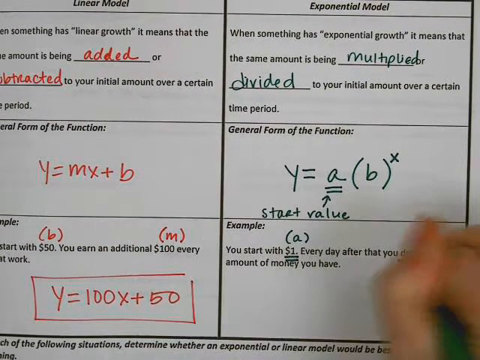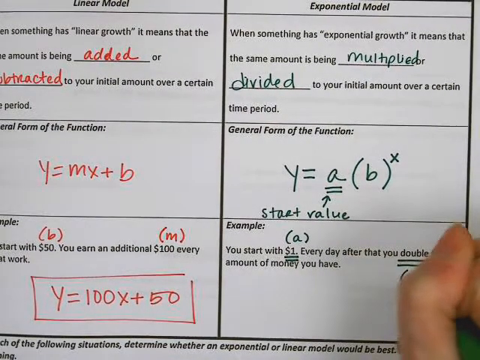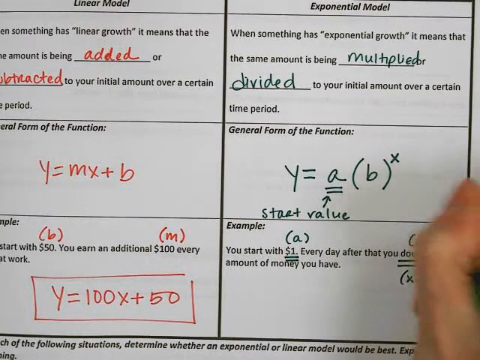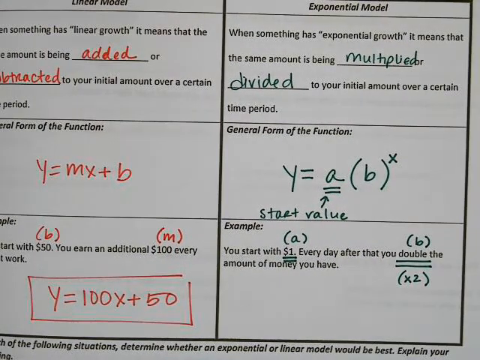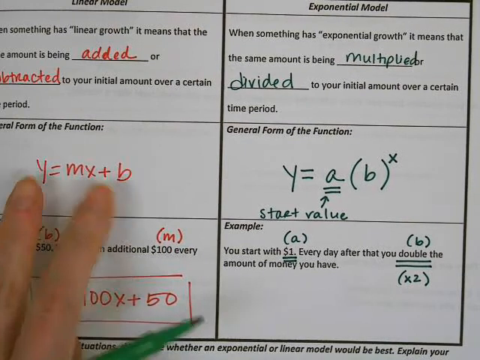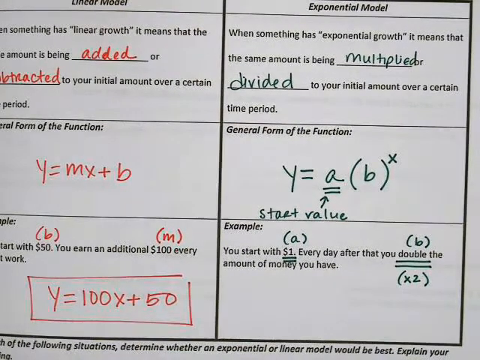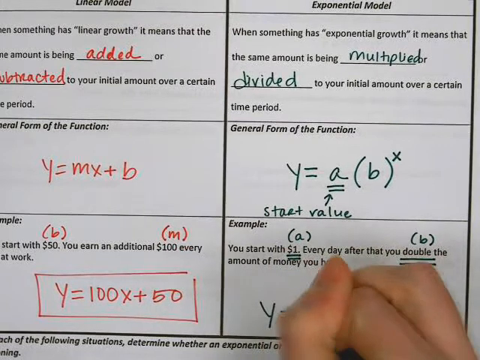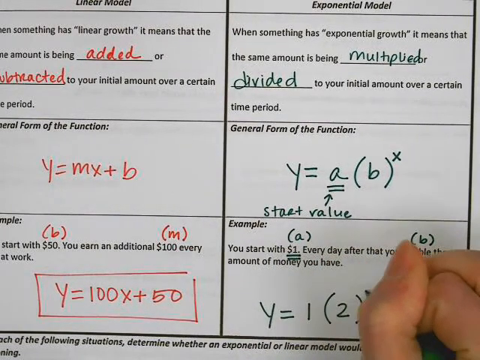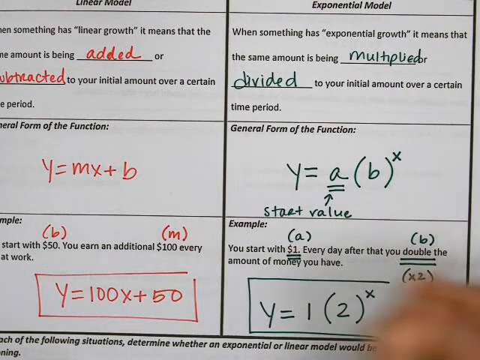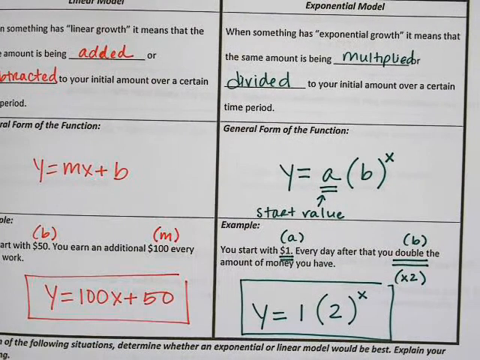So if you're doubling, doesn't that mean times 2? So that's going to be B. All right, and then just like this one, y and x are always just y and x. So the model would be y equals a, which is 1, times b, which is 2, to the x power. And that's it.